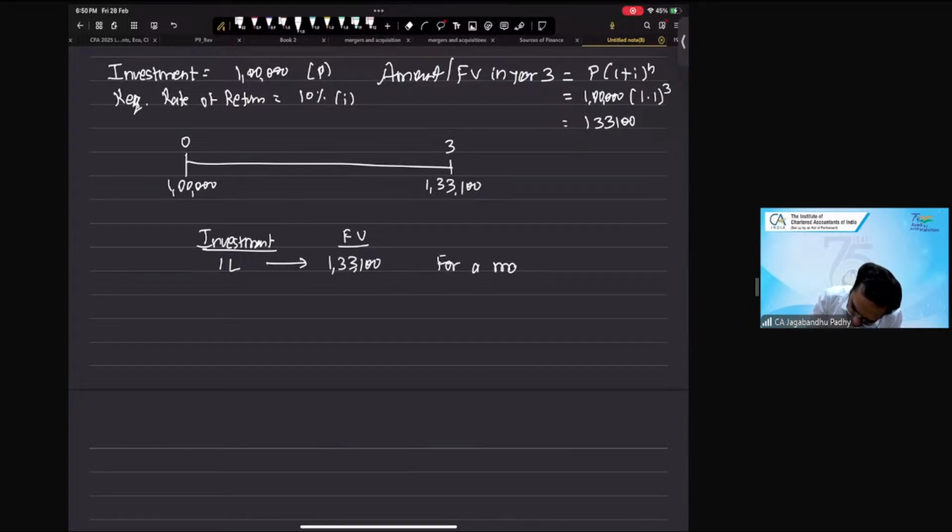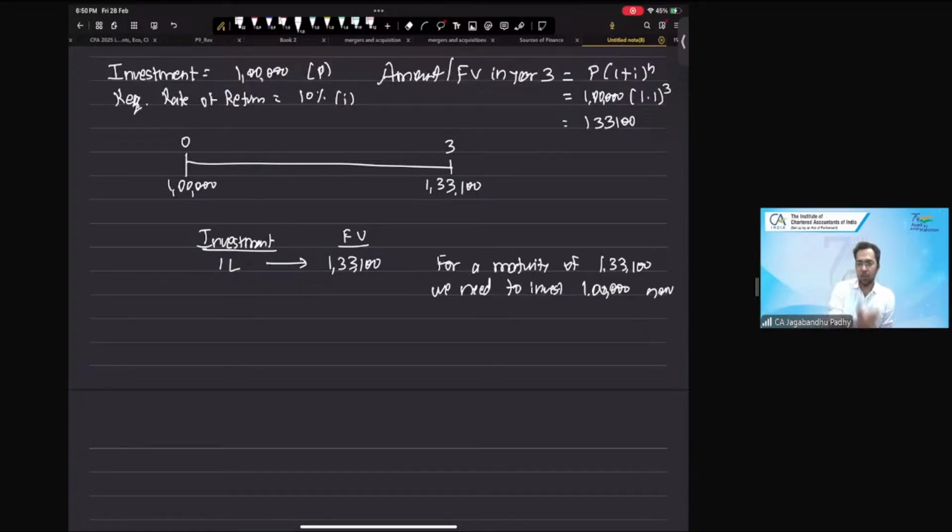Or to put it the other way around, for a maturity of 1,33,100, we need to invest 1 lakh now. Can I say it this way?